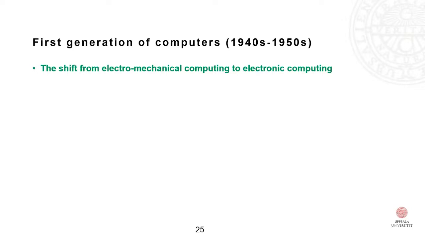So far there have been 5 generations of computers, and in the rest of this lecture, we will talk about these different generations. So in the first generation, the biggest event was the shift from electromechanical computing to electronic computing.